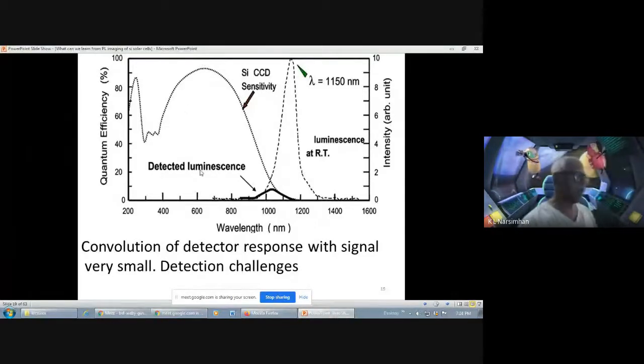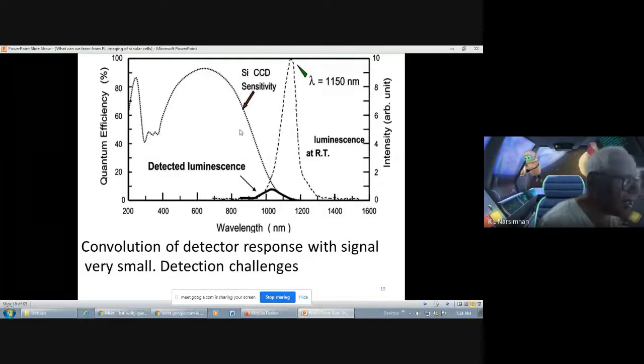So at 630 nanometer, you can see there's a lot of efficiency of the camera, which I'm not interested in. I am interested at 1.1 micron, and you can see that the camera has very poor quantum efficiency of the order of 3% or 4%. The peak is at 1100 nanometer. There, the quantum efficiency is actually 0.